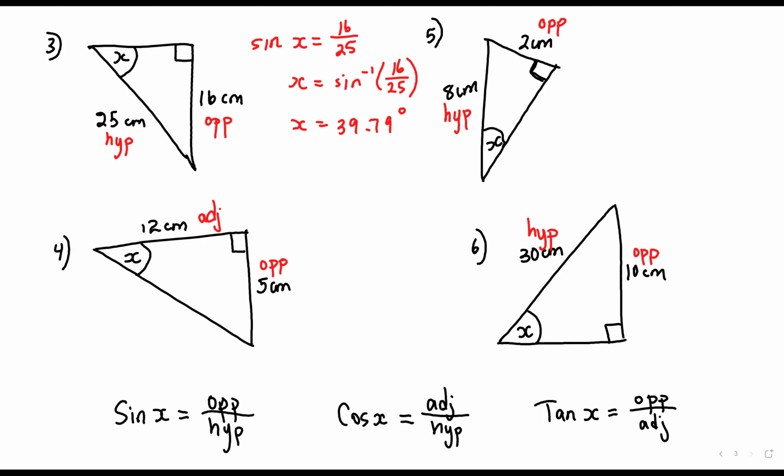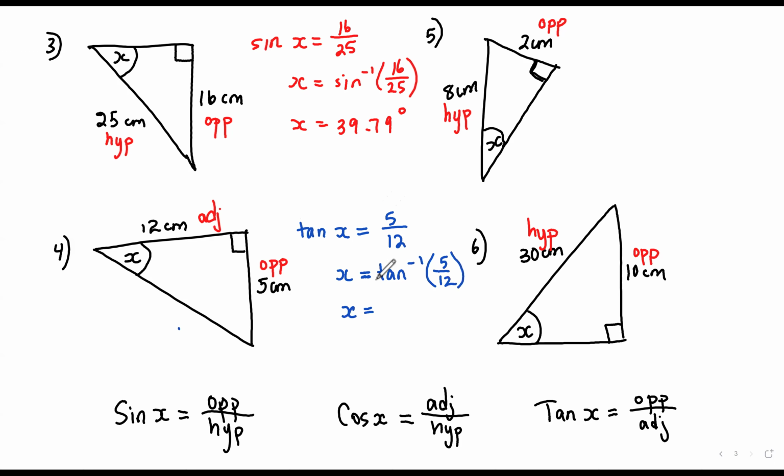All right. The next one, we have the opposite and adjacent, which is the tangent. So tan of x would be the opposite side, which is 5, over the adjacent, which is 12. So x would be equal to the tan inverse of 5 divided by 12.